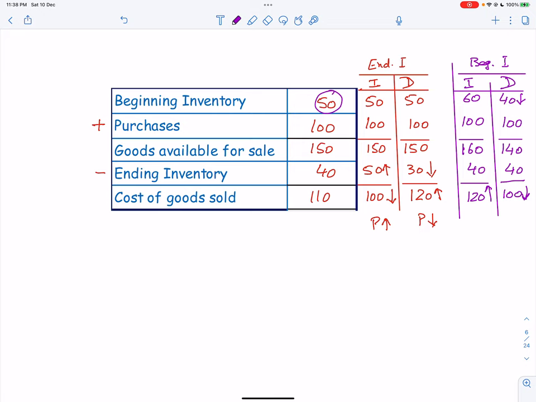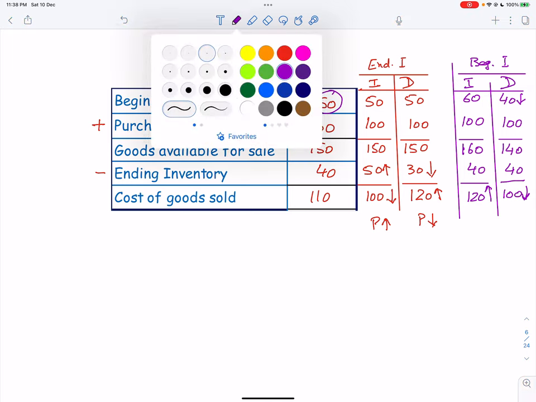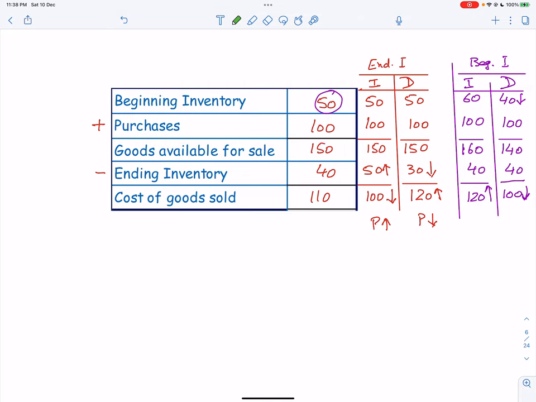So increase in the beginning inventory will increase the cost of goods sold, and this will decrease the profit.